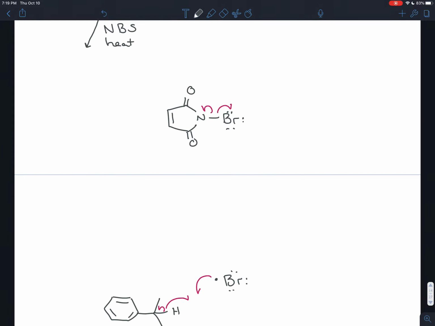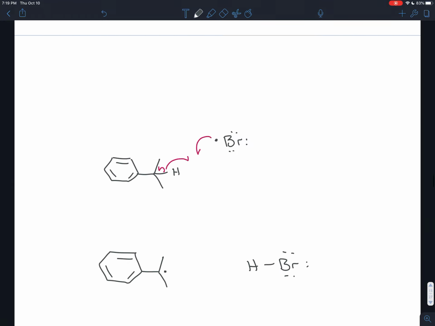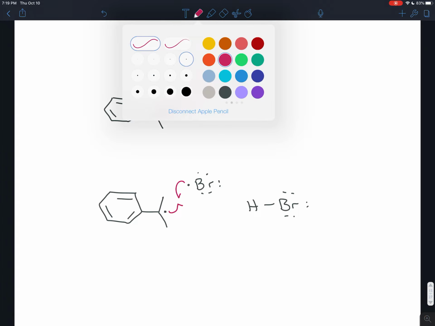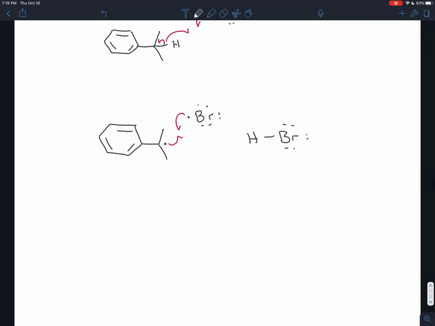Well, when we first turned N-bromosuccinimide into a bromine radical, that didn't just happen to one molecule, that happened to trillions of N-bromosuccinimides, and so another one of the bromine radicals that's formed can pair up with this new carbon radical, and it can form a new sigma bond.